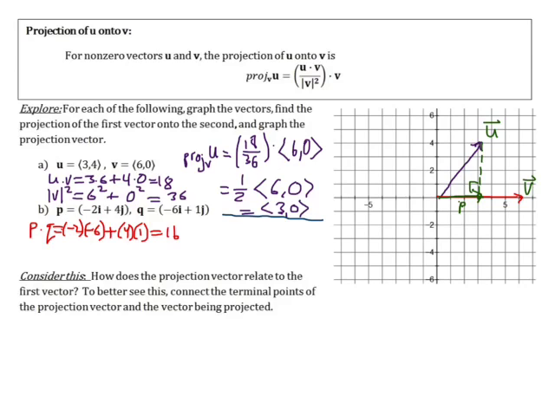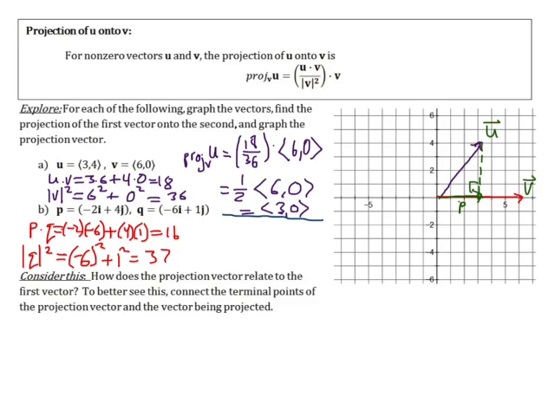And then we have the magnitude of Q, since we're projecting P onto Q here, squared. And that's going to give us -6 squared plus 1 squared, which is 37.